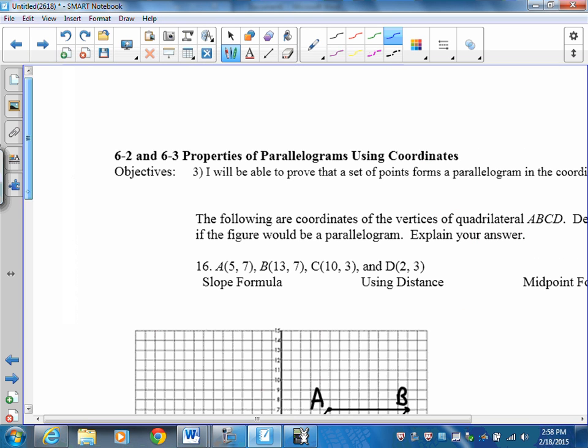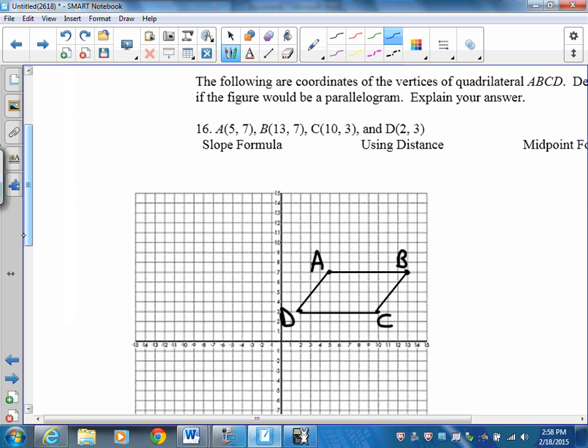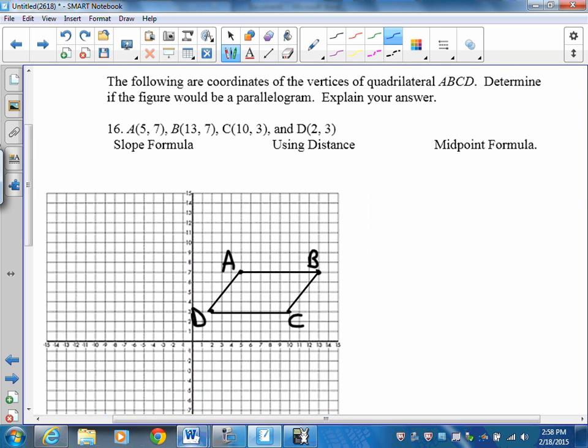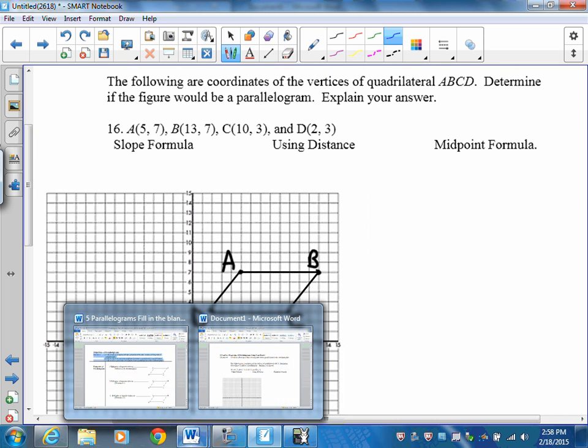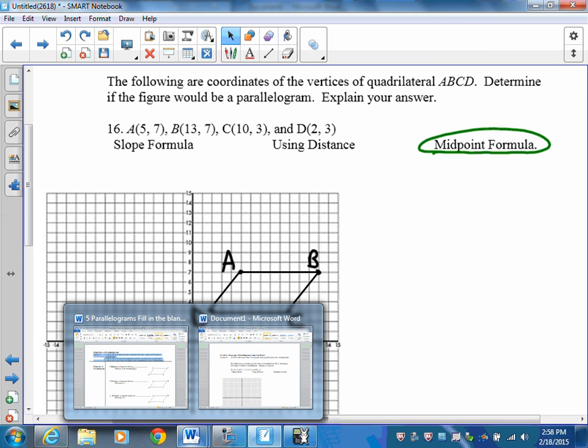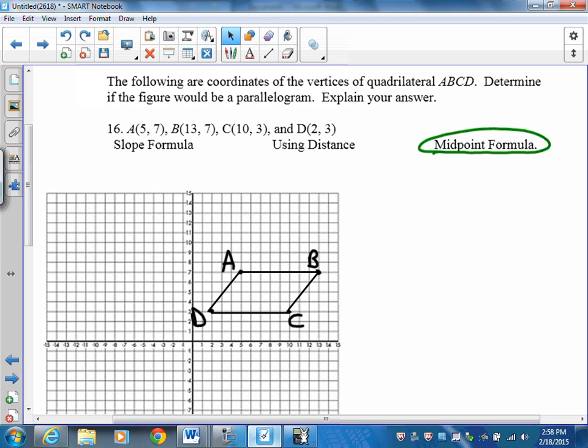The last way that we have to show if this is a parallelogram is by using the midpoint formula. So we have to use the midpoint formula. When would we use this? Well, we have to remember a property of parallelograms.